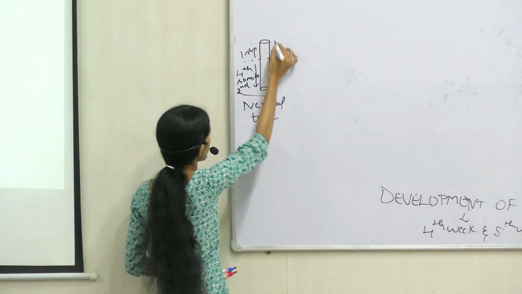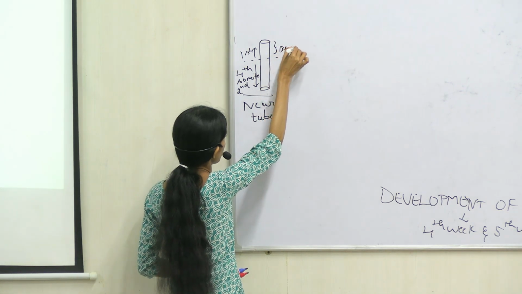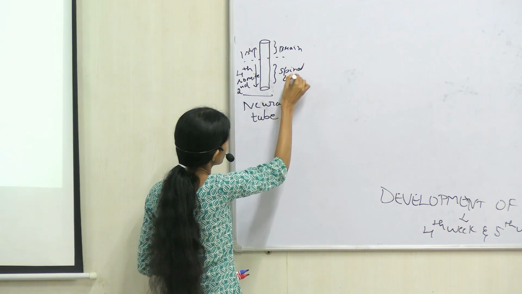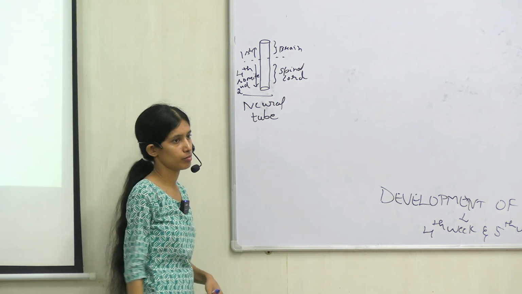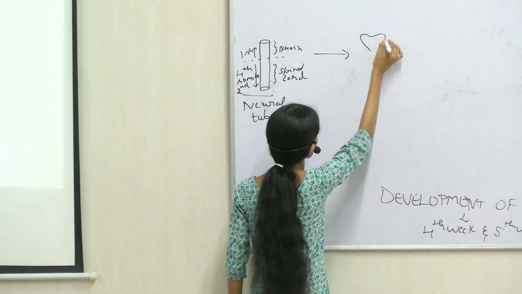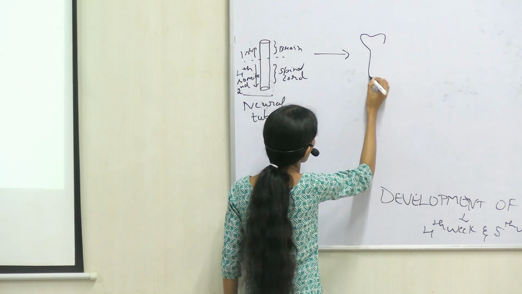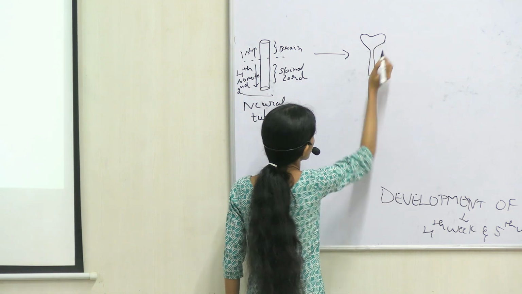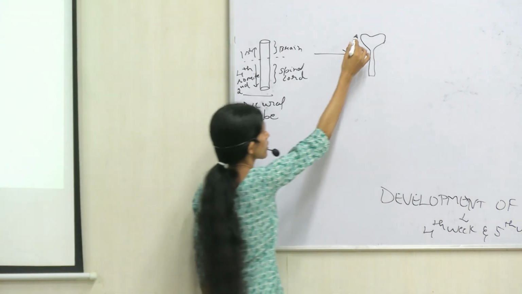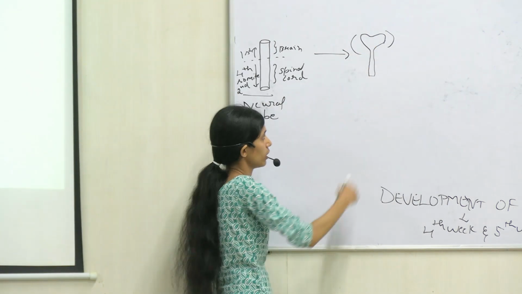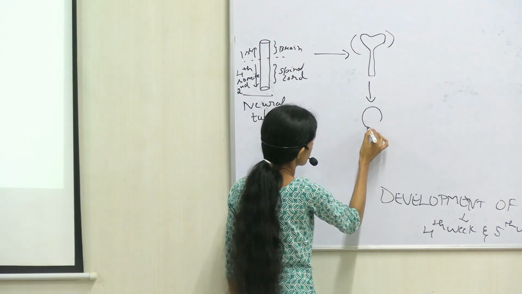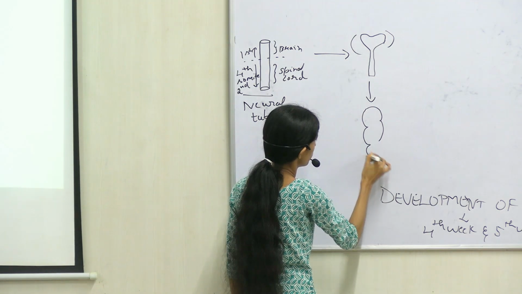This cranial part is going to develop as a brain, and the caudal part is going to develop as a spinal cord. On the cranial part, we can see the enlargement like this, and your caudal part will get expanded in size. This cranial enlarged part will later develop into vesicles like this.